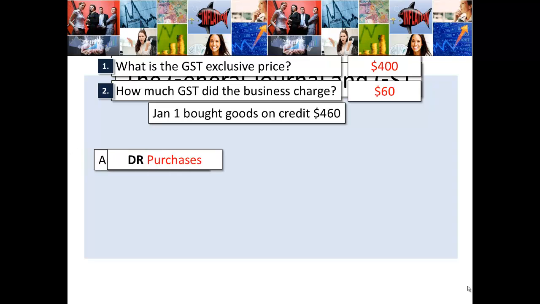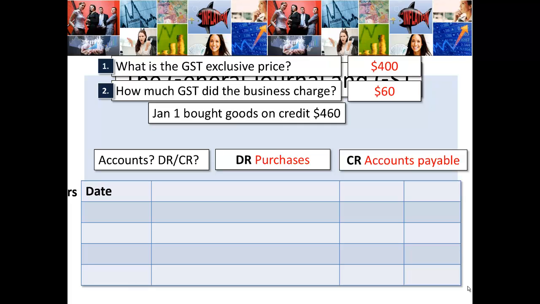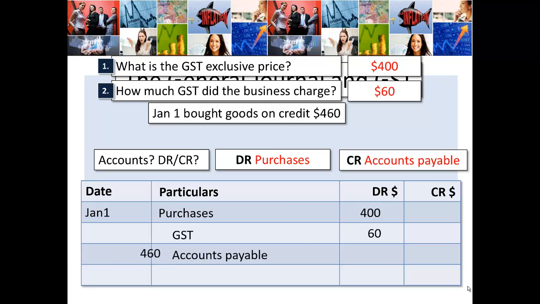What are we debiting? What are we crediting? Purchases are increasing. That's a debit. Accounts payable, liability, that's increasing. So purchases are $400 including $60 GST, and we have an accounts payable of $460.